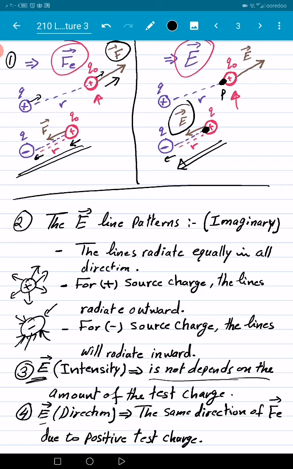The electric field direction is the same direction as the electric force due to a positive test charge, because positive with positive is repulsion, so it's outside. Also here, test charge with positive is outward, so that means the direction is the same as the electrostatic force.